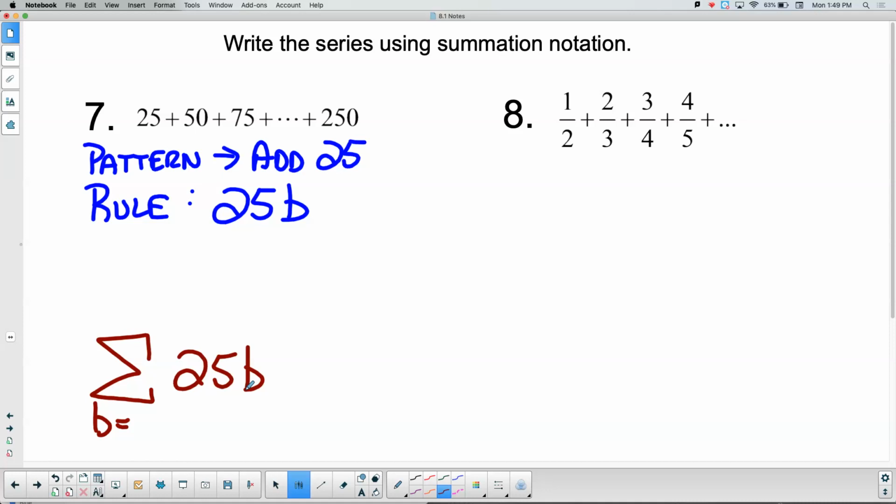If I plug 25 into my rule, I get 625. What's the number I start with? 1. What's the number that I end with? If I plug 250 into my rule, I get 6,250. What does? 10.